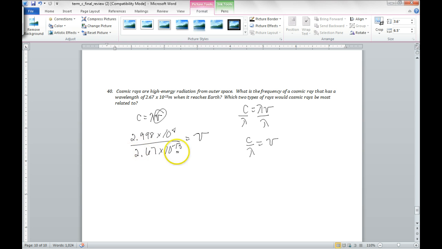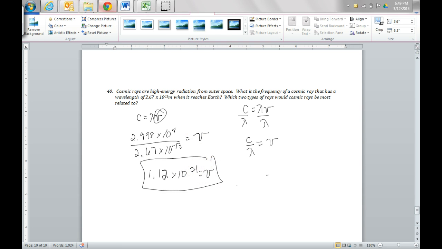Okay, so just so you know where I got that, I didn't just pull it out of nowhere. 2.998 divided by 2.67 is equal to 1.12 times 10 to the 8 plus 13 is 21. So that is a frequency.